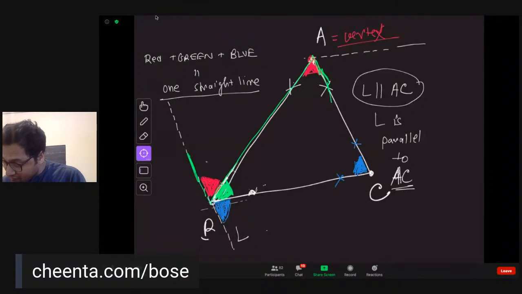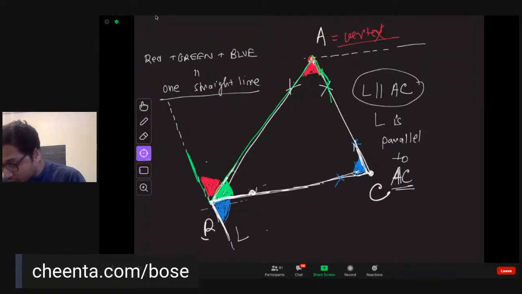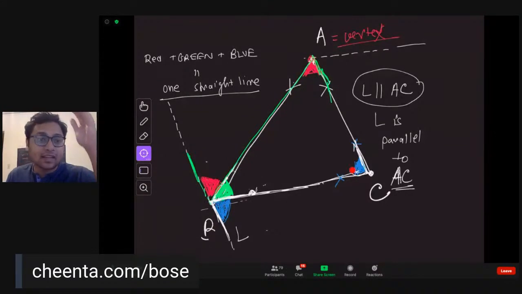And similarly, we have a Z down here, so this blue angle is equal to the blue angle. So do you see that all of these three angles will add up to this straight angle now? That's how we have devised the parallel lines.